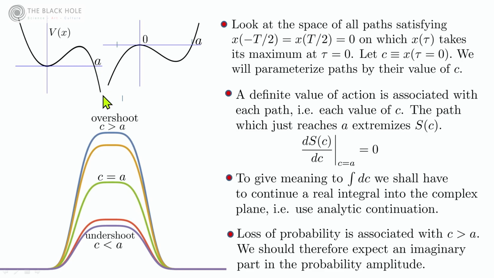And so we expect that there will be an imaginary part to the eigenvalues. Okay. And if there's an imaginary part to the eigenvalues, then we will have an imaginary part in the probability amplitude. So this is speaking in general physical terms.